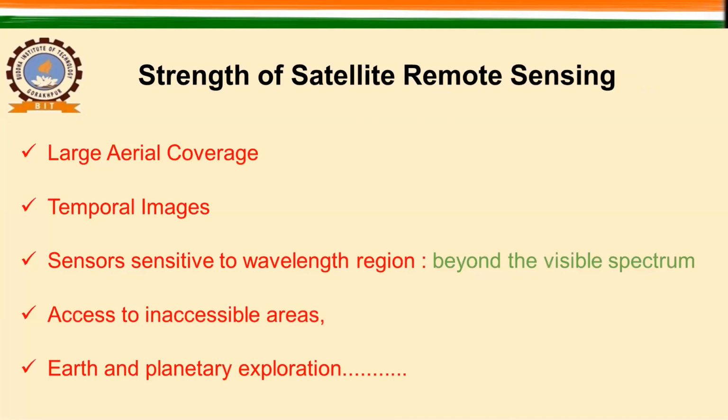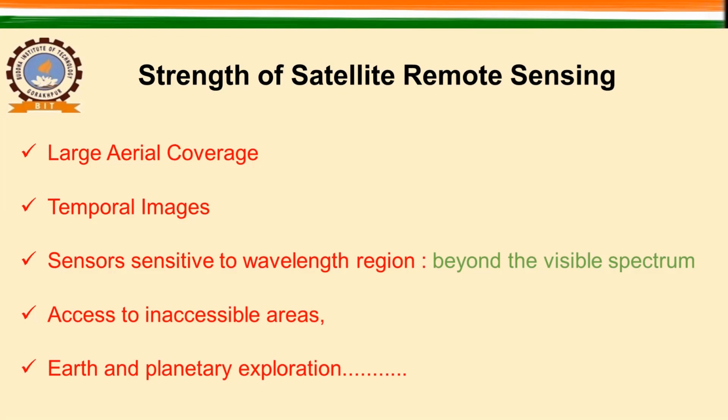Next slide says about the strength of satellite remote sensing. So, strength of the remote sensing data or satellite remote sensing data. Here you can have large areal coverage, which you can get only from space; temporal images, that means how frequently you monitor an area; and sensors sensitive to wavelength regions, which is the best one that I would recommend.